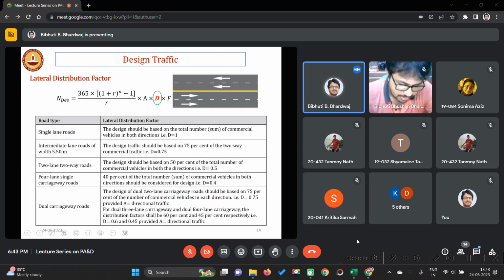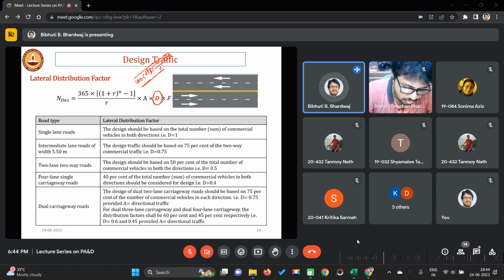No. Okay, now let's come to this D. What is this D? This D is the lateral distribution factor. Suppose on my road I know that 100 commercial vehicles per day, 100 CVPD, will be going, but all the 100 vehicles will not be channelized to only this particular lane.